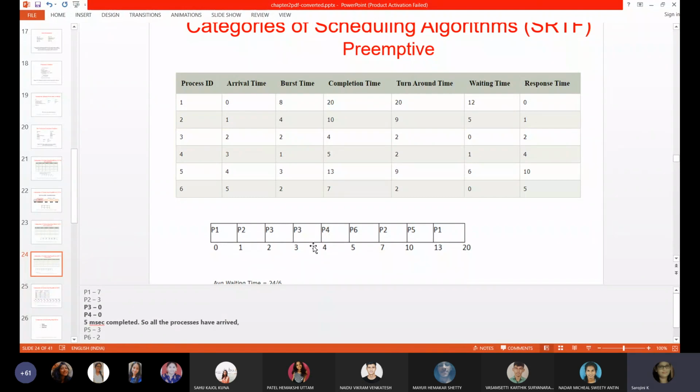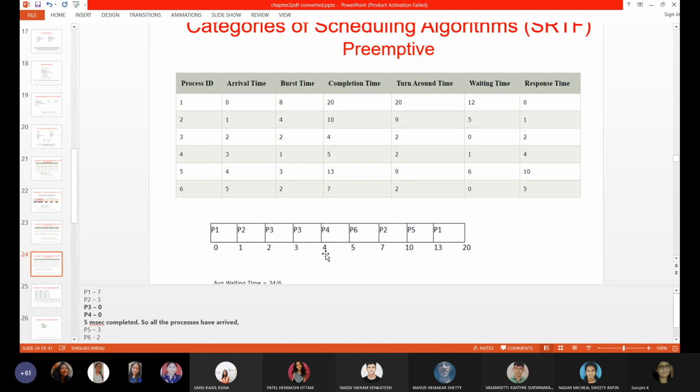That's what I highlighted here: the processes that completed the execution. P3 completed the execution because its remaining CPU burst time became 0. It completes in the 4th millisecond.